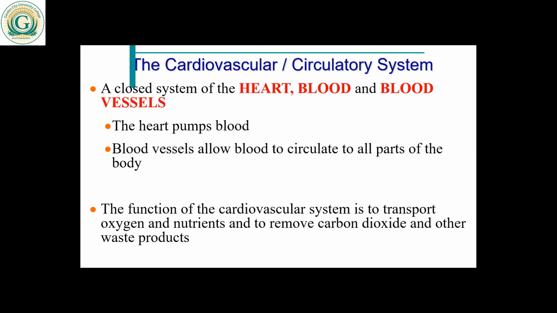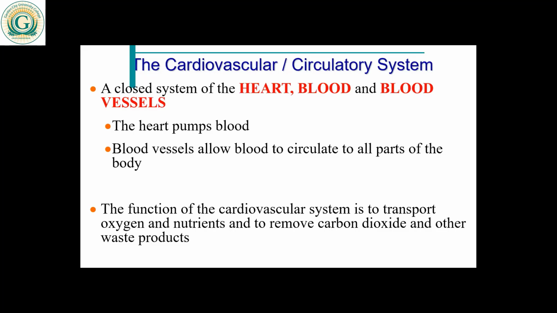So just as you've started the anatomy part, I'm sure you are aware of the components of the circulatory or cardiovascular system. We are saying it's a closed system, meaning the heart pumps blood throughout the body. There's no open ends. So the blood circulates throughout the body and returns back to the heart.